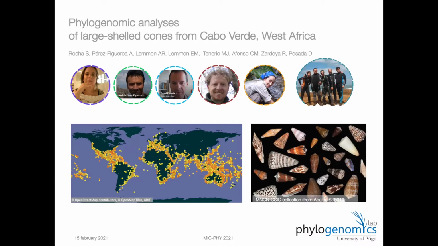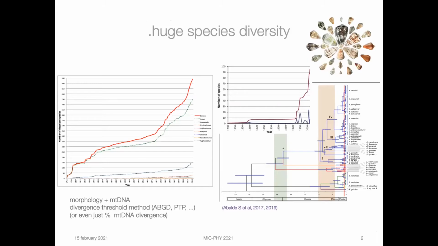Things vary a lot in shapes and color patterns, and they tend to be classified based on that. Along the last decades, with molecular data, species diversity, real or not, increased a lot, both for the full genus and for the small geographic radiation, in this case the Cabo Verde one.